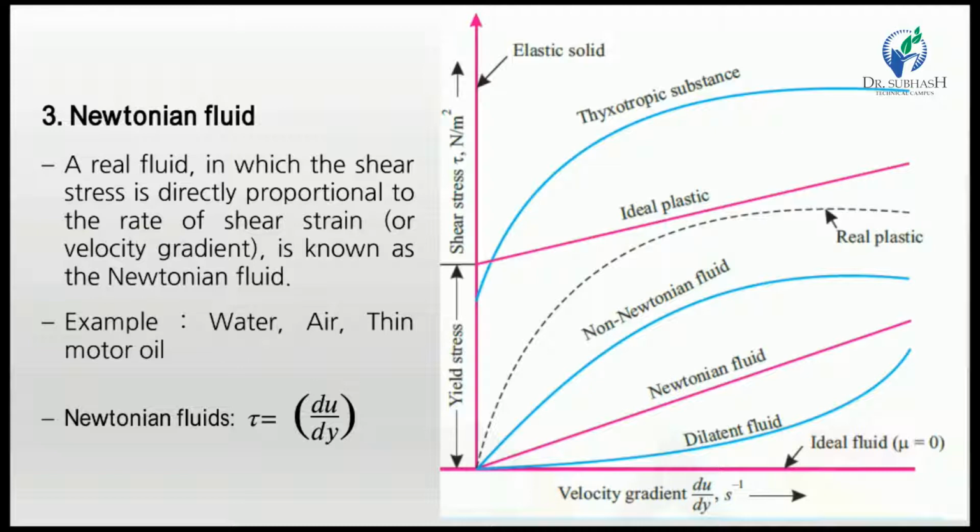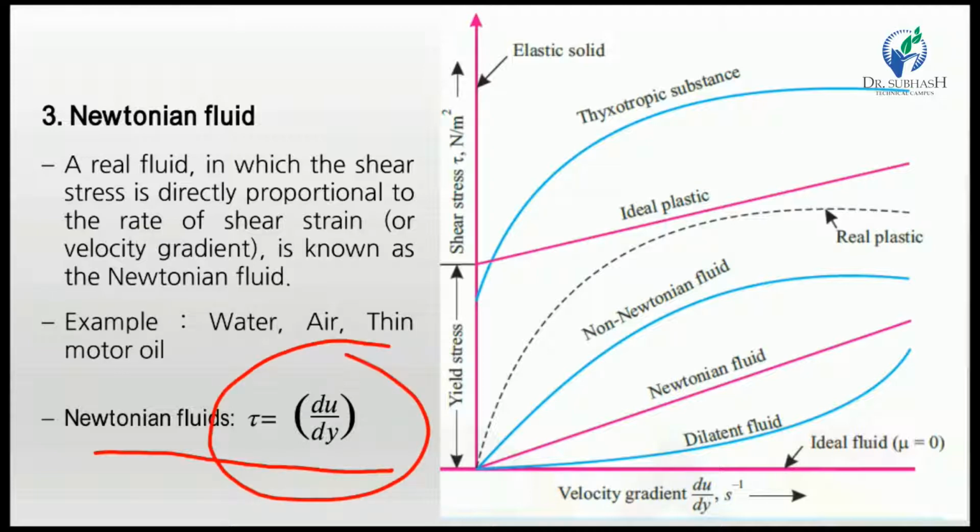And in short, if it follows Newton's law of viscosity, then the fluid is a Newtonian fluid. We know that Newtonian fluids follow this equation, shear stress is equal to mu du by dy.